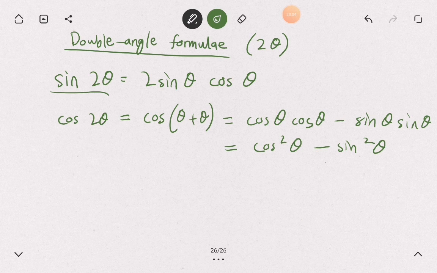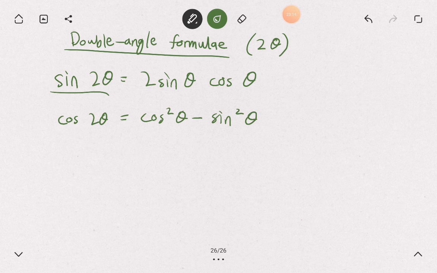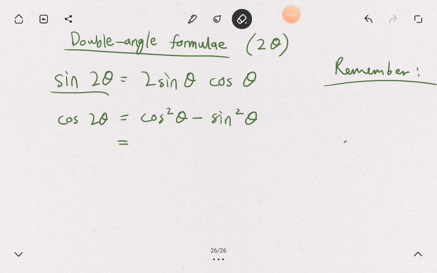Alright, now this is interesting because I'm going to make you recall another thing. So this is cos squared theta minus sine squared theta. This is one way to write it. But do you remember, sine squared plus cos squared is 1.